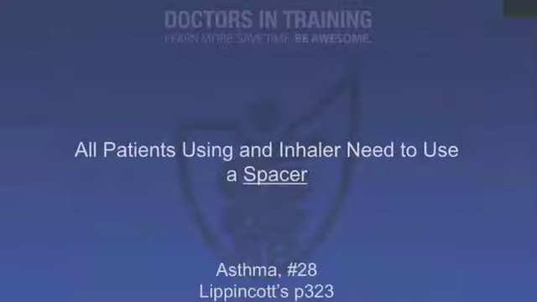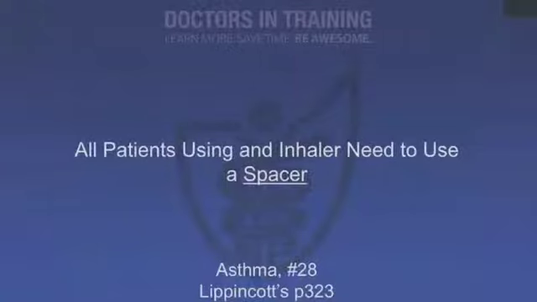One other point that's in your study guide is talking about spacer use, and that's for all types of inhalers, whether it's a steroid medicine or the beta-2 agonist medication. If a patient is using an inhaler, they really do need to use a spacer.